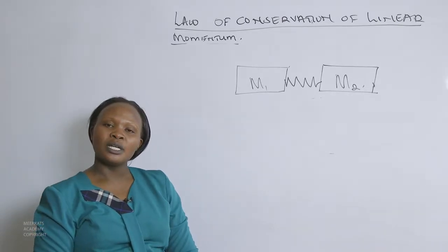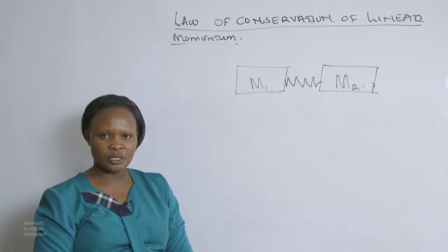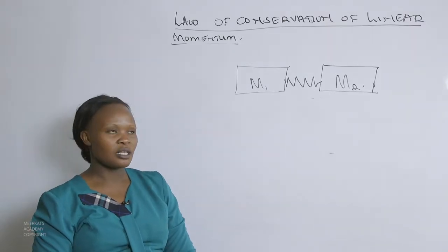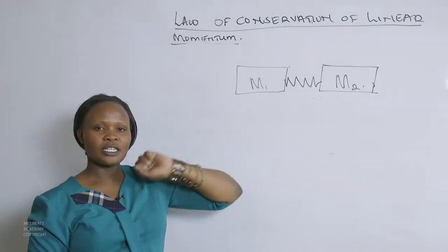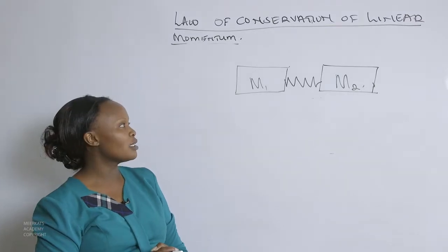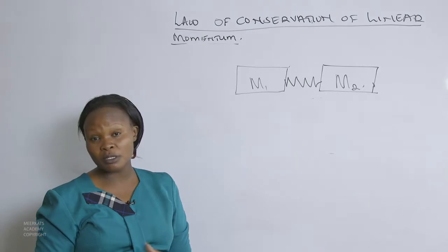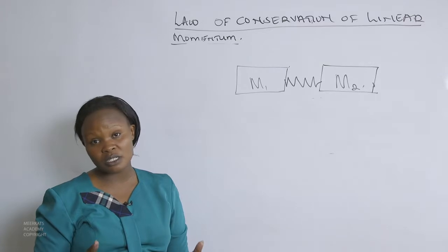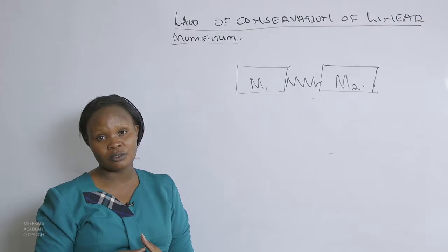Now, let us consider an explosion of these bodies that were attached. Something happened to the spring so that now they were suddenly detached. That means that they will separate and move in opposite directions, but with different velocities or even equal velocities, but in different directions.